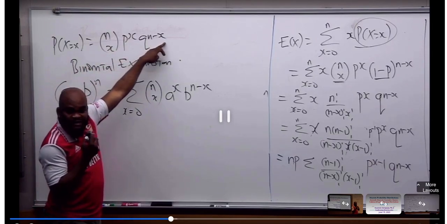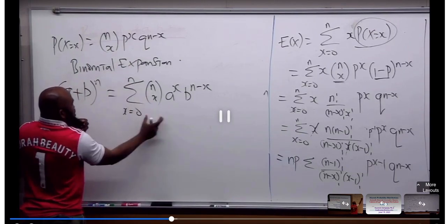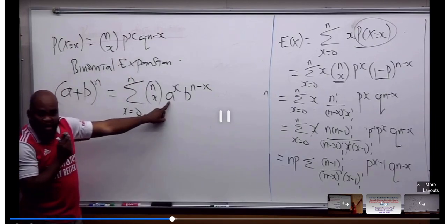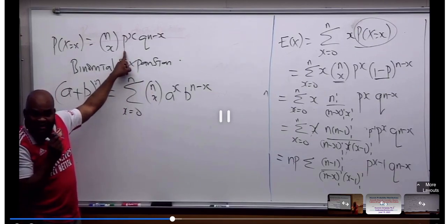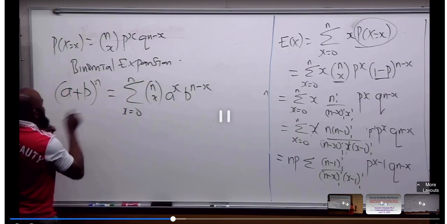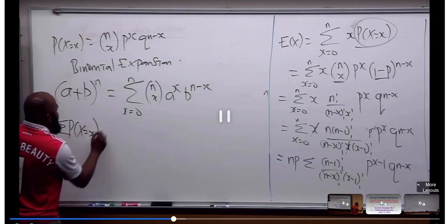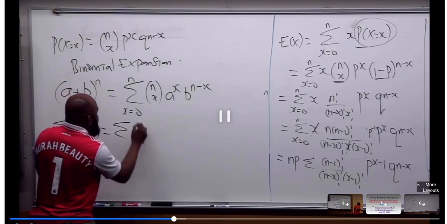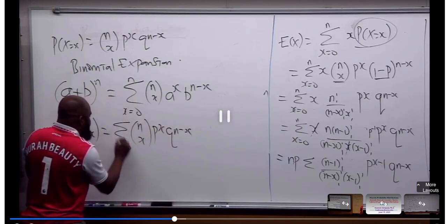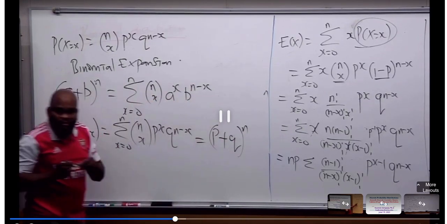Did you see now? When you compare this with this, a is the same thing as p, and b is the same thing as q. So if I want to apply that, the sum of this, p raised to the power s where s starts from 0 to n, is p plus q raised to power n.